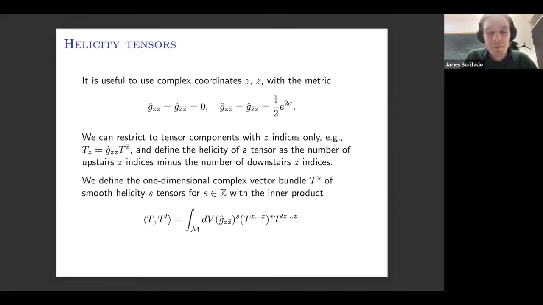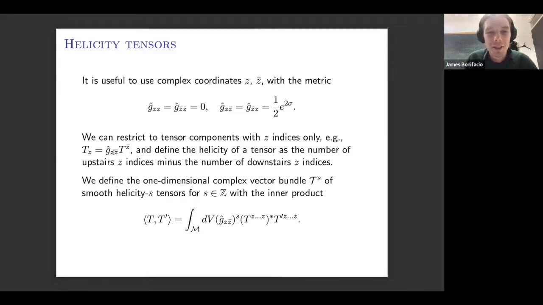And what this means is that when we talk about components of tensors, we can always restrict to those with only z indices, because I can always trade a z bar index for a z index using these non-vanishing components of the metric. So there's some isomorphism between these different spaces of tensors.